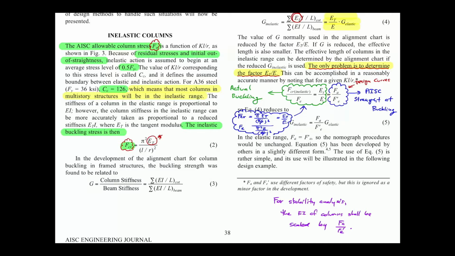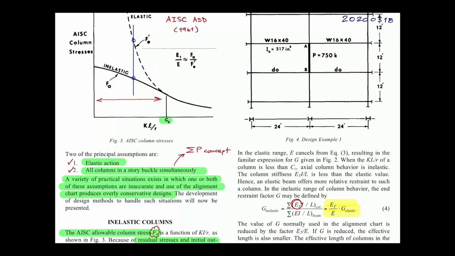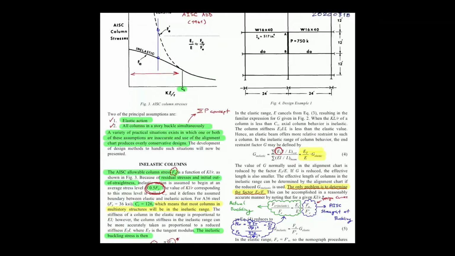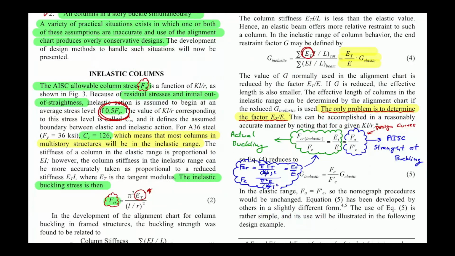From AISC ASD, for the allowable stress, the transition from the elastic buckling to the inelastic buckling is located at 0.5 Fy. So you come to this picture here, and this is what I mean. So it is this point.